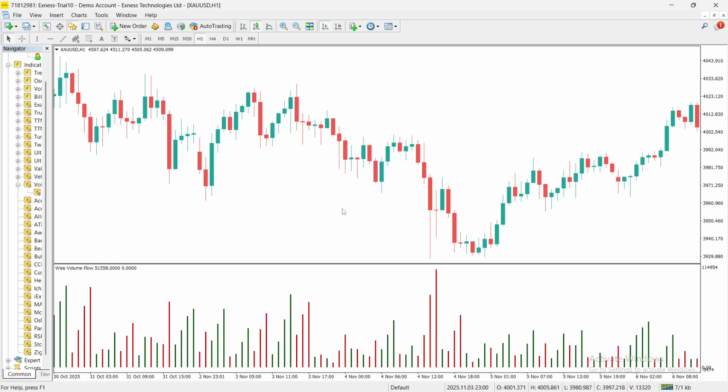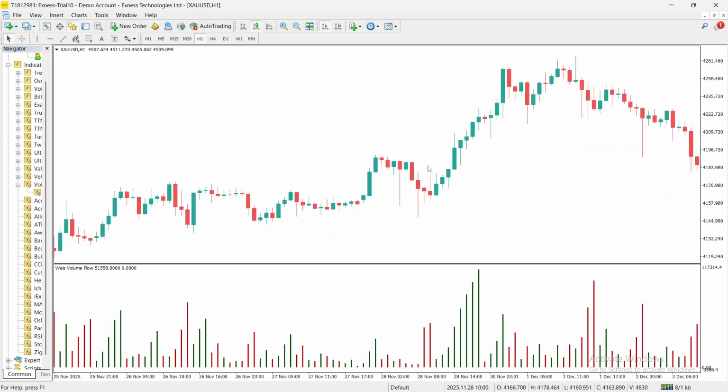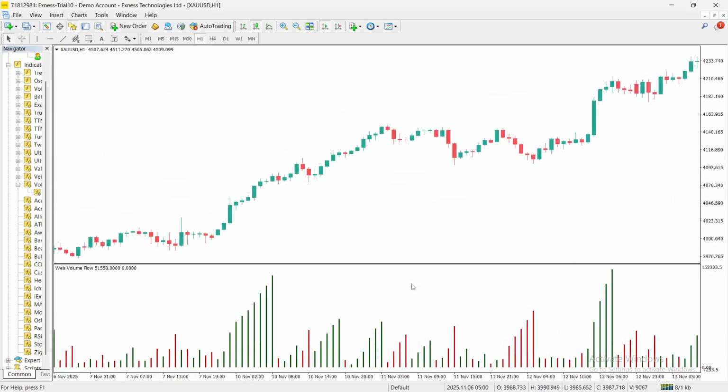The volume for each bar is then given a sign, positive or negative, depending on the comparison made, with the ratio of cumulative sum of directed volume to average volume over the previous 50 bars exponentially smoothed as the end result. You can see it's already installed on our charts.